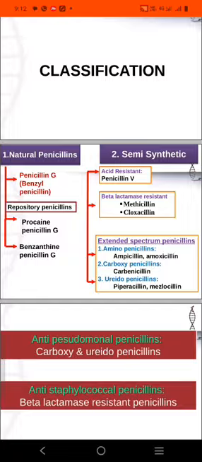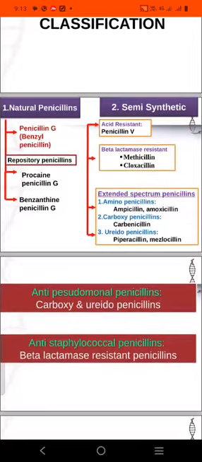Then beta-lactamase or penicillinase is the enzyme produced by certain bacteria, especially Staphylococcus species, that destroys this beta-lactam ring and opens the ring and converts it into an inactive compound. So we have beta-lactamase resistant penicillins, that is methicillin, cloxacillin, dicloxacillin, nafcillin, all these are penicillinase resistant penicillins.